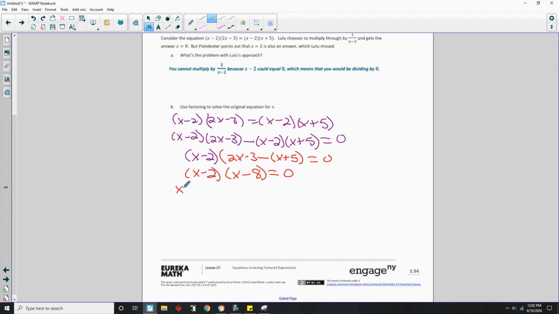So then when I use the zero product property, I'd say x minus 2 equals 0, or x minus 8 equals 0, therefore x would equal 2, or x would equal 8. So my solution is 2 or 8. So Poindexter was correct. Of course, Poindexters are always correct. Alrighty. And Lulu missed the 2.